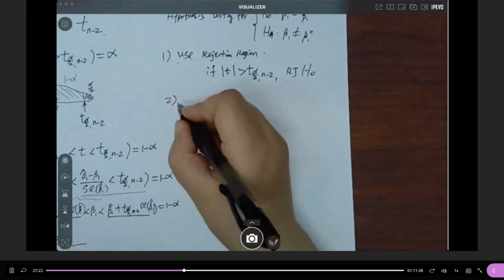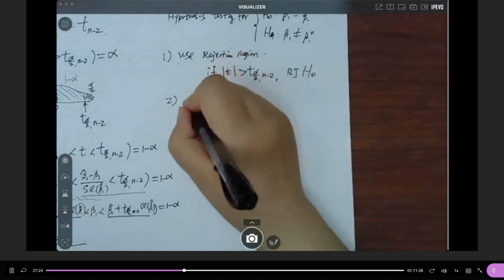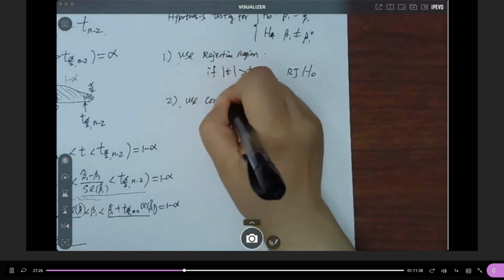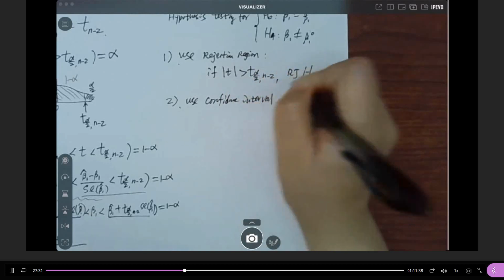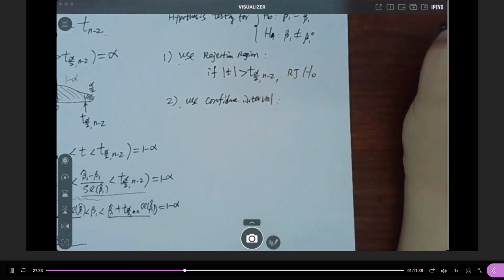The second one is to use the confidence interval we talked about today. How do you use confidence interval to perform testing? Basically, if the confidence interval contains the hypothesis value, you fail to reject it. If the confidence interval includes the hypothesized value, you fail to reject.